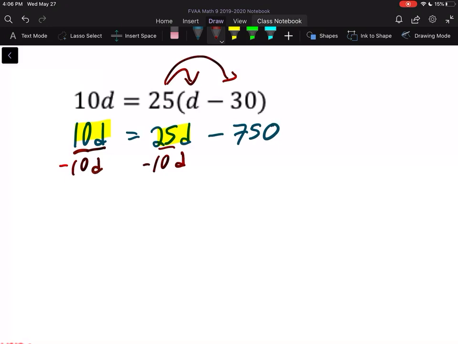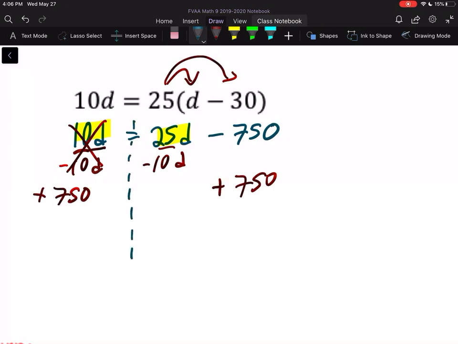I've decided that the right side of my equation is for my variables. That means my left side of the equation is going to be for my constants. So at the same time, I'm going to add 750 to both sides of my equation.